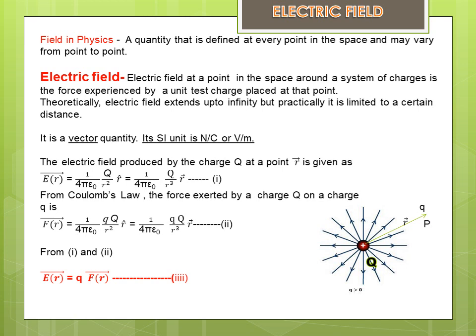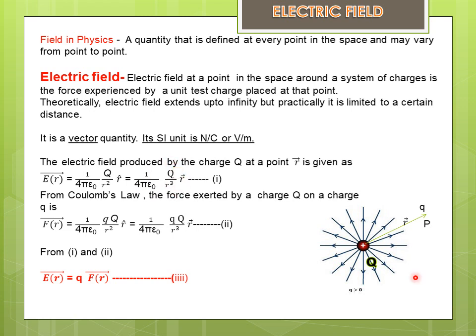Now, the electric field produced by charge Q at point R is given by vector E equal to 1 by 4 pi epsilon naught, Q by R square, unit vector R. Unit vector R is the direction along O to P and magnitude is of R. In vector form, we can write this as 1 by 4 pi epsilon naught, Q by R cube, R vector.